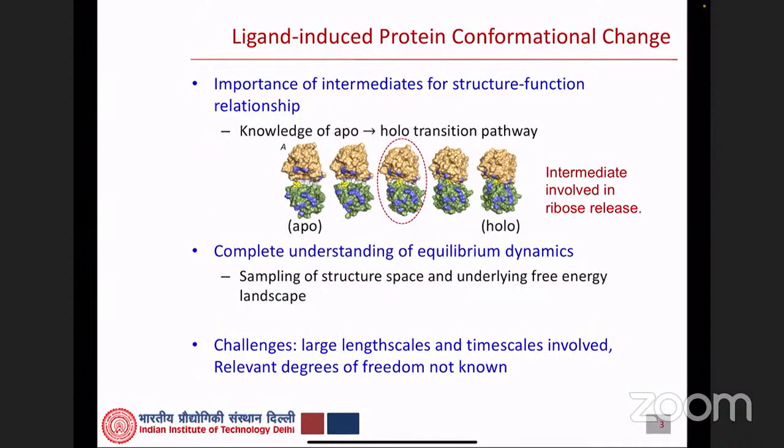Time scales could be milliseconds or even higher, which are not directly accessible from molecular dynamics simulations. The second challenge is that I don't know the relevant degrees of freedom. I want to add some bias, with metadynamics, umbrella sampling, or other adaptive sampling techniques, but I need to know a few relevant degrees of freedom necessary to drive the change from one state to another. Those are some of the challenges one will encounter.